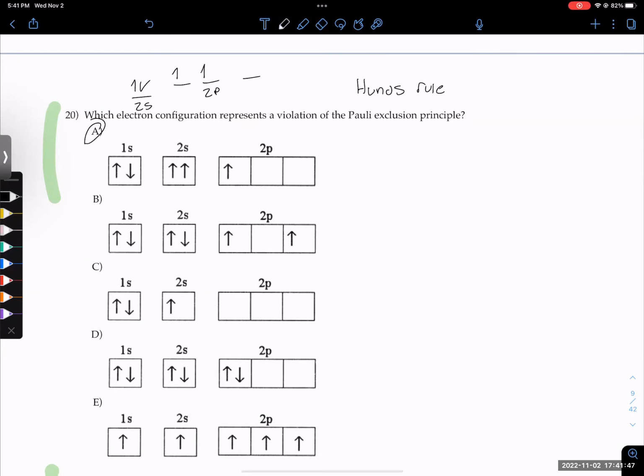So you always do this, then that; you never skip, even though you're putting it in the next unoccupied orbital. Each of these has a name. Even though this is the 2p, you have the 2px, 2py, and 2pz.